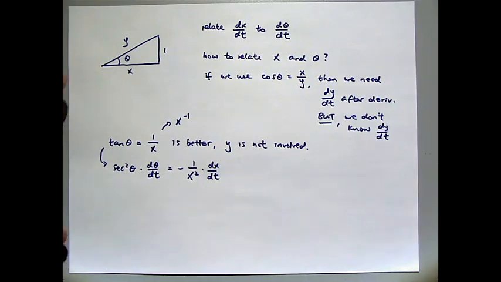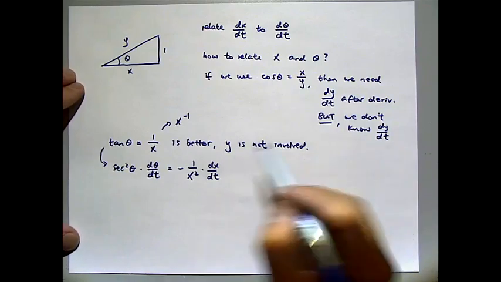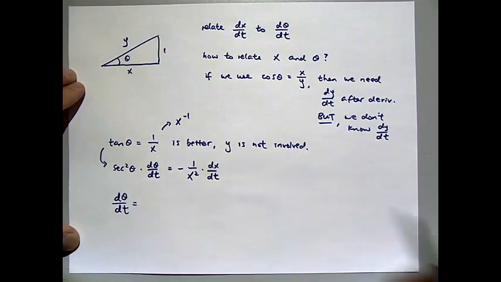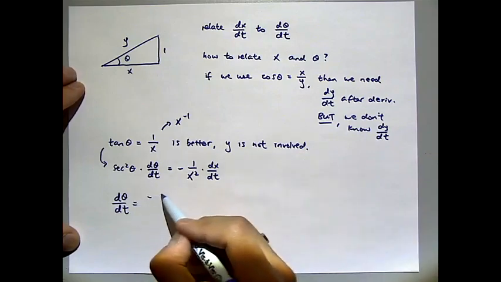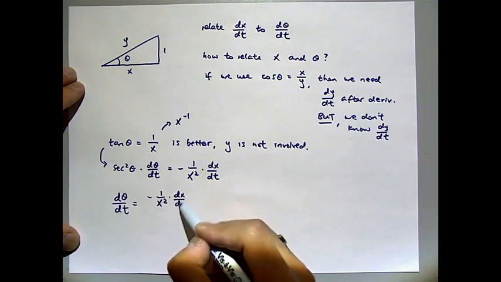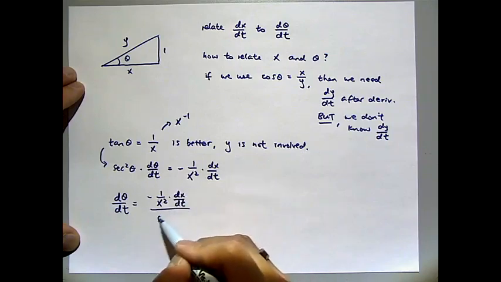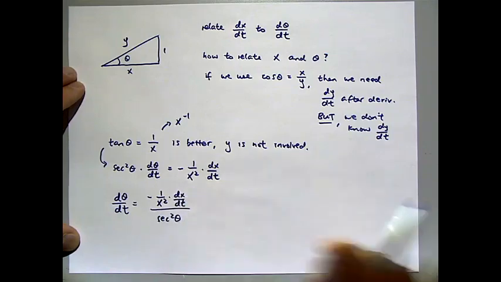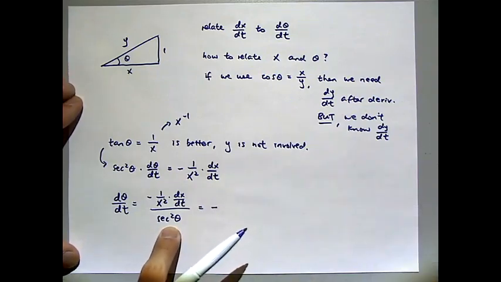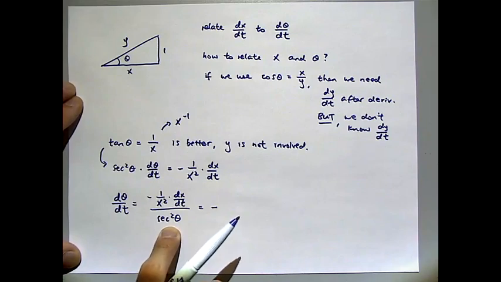Okay, let's solve for what we want. The dθ/dt is now negative 1 over x squared dx/dt over secant squared of theta. That is equivalent to negative 1 over secant squared, which is a cosine squared.